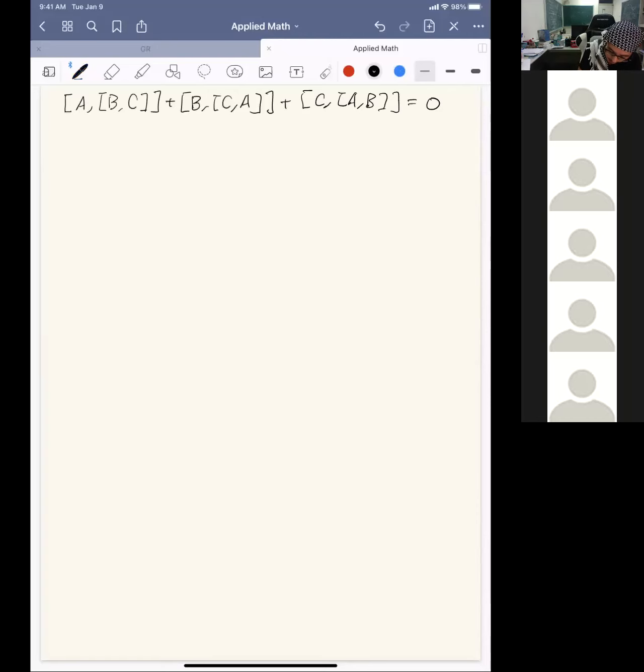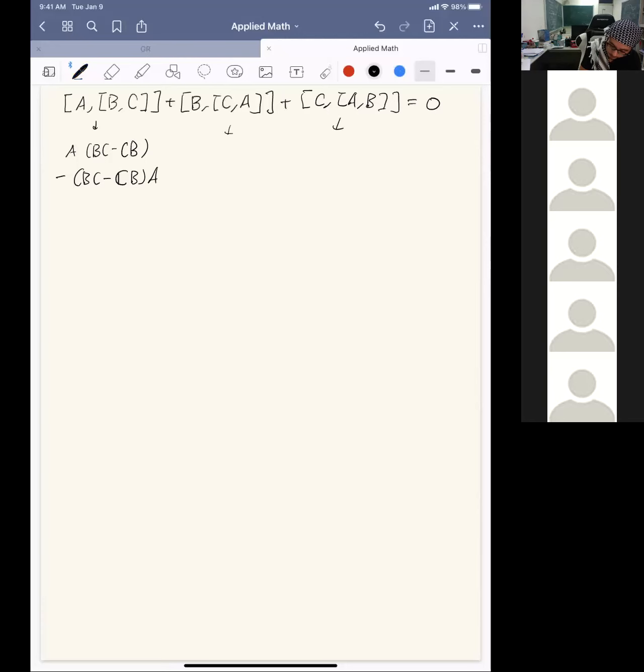So if you just expand this out, for example, this term just gives you A(BC minus CB) minus (BC minus CB)A, right? And so you basically expand all of these terms out, and then you'll see that they all come in pairs. They will all cancel pairwise.